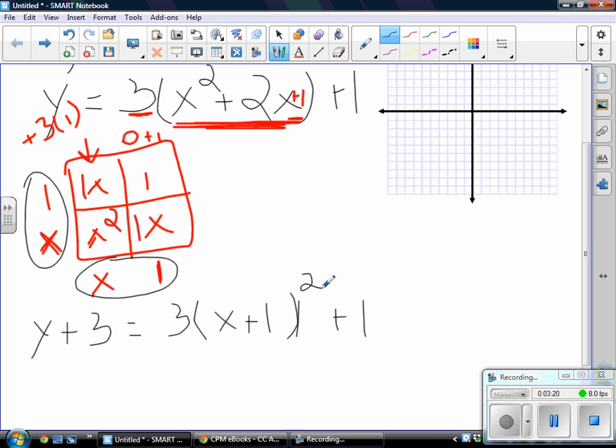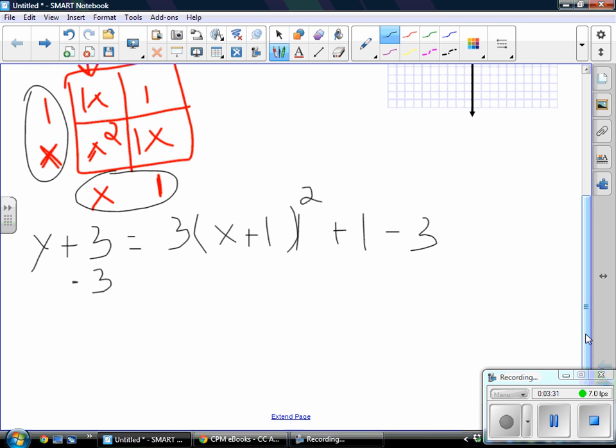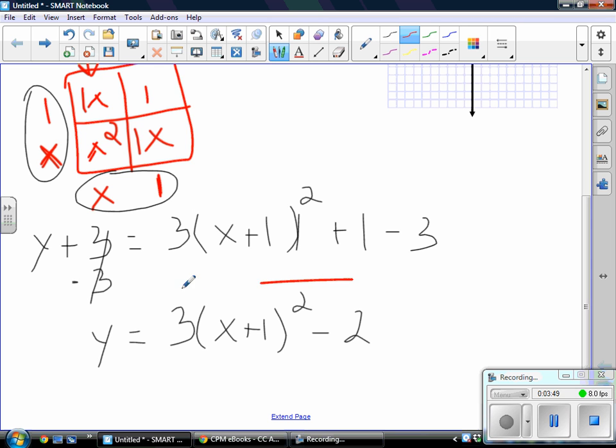So now it's almost in graphing form. The last step we need to do is subtract this 3 from both sides. So once I combine my terms, this will cancel out. I'll have y equals 3 times x plus 1 squared, and 1 minus 3 will give me minus 2 on the end. So this is in graphing form now. So that is your equation.